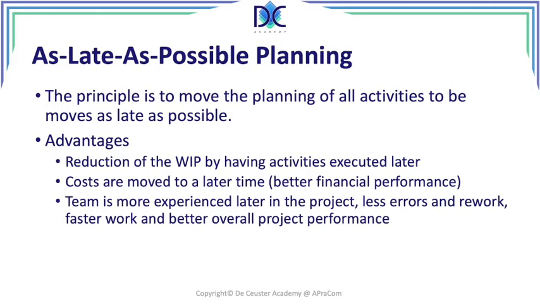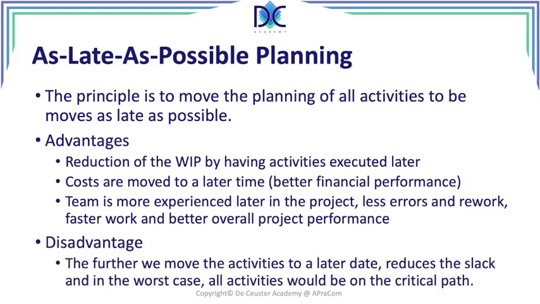There are less errors and less rework expected. And basically we work faster and we have a better overall project performance. There are some disadvantages. The main one is that the further we move the activities to a later date, we have less slack, and in the worst case, all activities would be on the critical path.